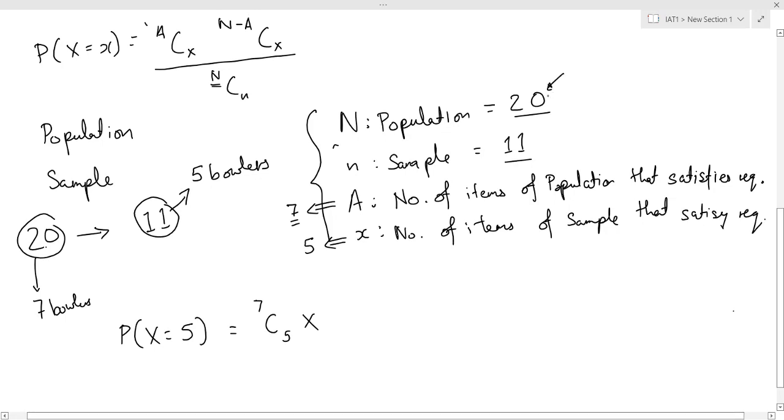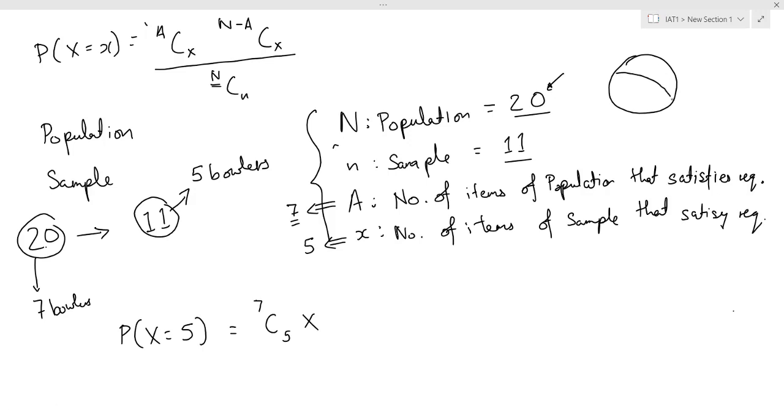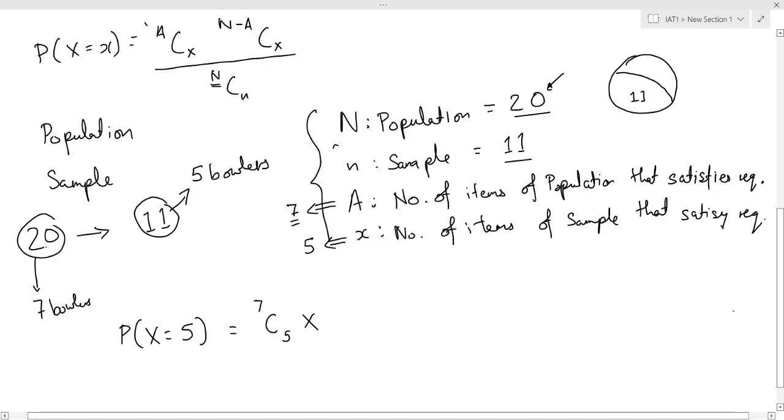Capital N is our population, all the players that have been selected. Out of that, our sample is 11. These are the players who are actually going to play the match, the others are going to be extra. There are a total of 7 bowlers in the team, but out of those 7 bowlers we need only 5. Therefore, capital A is 7 and small x is 5.